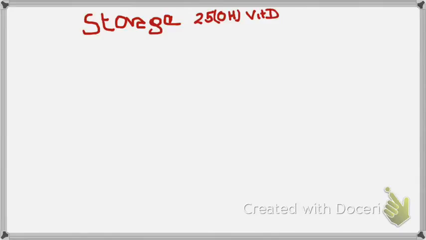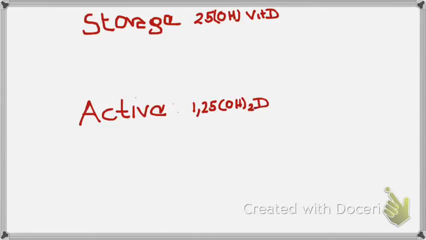And we also have the active form. Usually we write 1,25 vitamin D. We're going to erase this and write it like this.